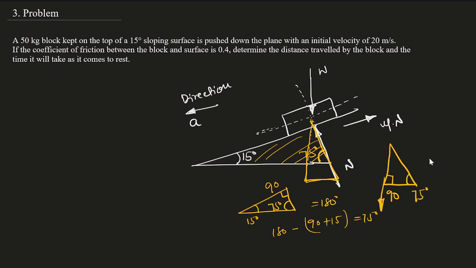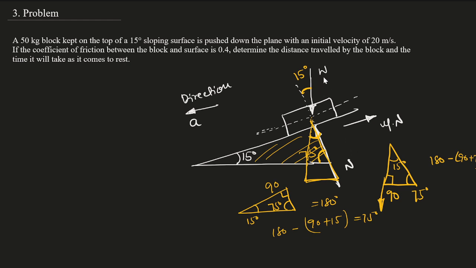Again the sum of the angles should be equal to 180, so 180 minus (90 plus 75) will get us 15 degree. So this is 15 degree, exactly the congruent opposite triangle. In general, we can take the angle of the weight as similar to the sloping angle. This is the explanation you can take.